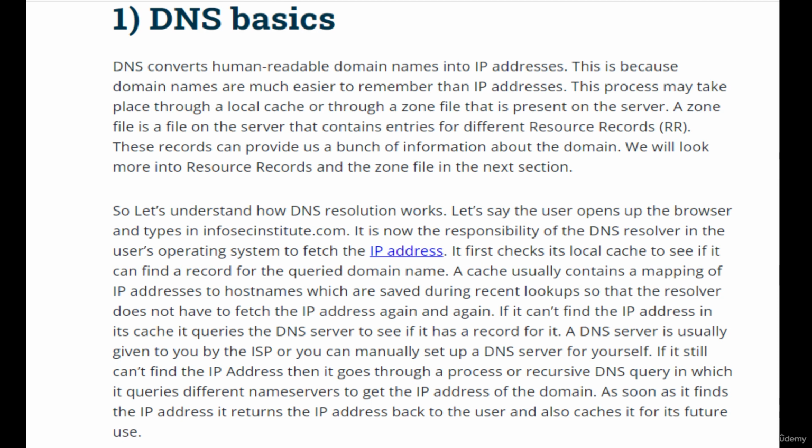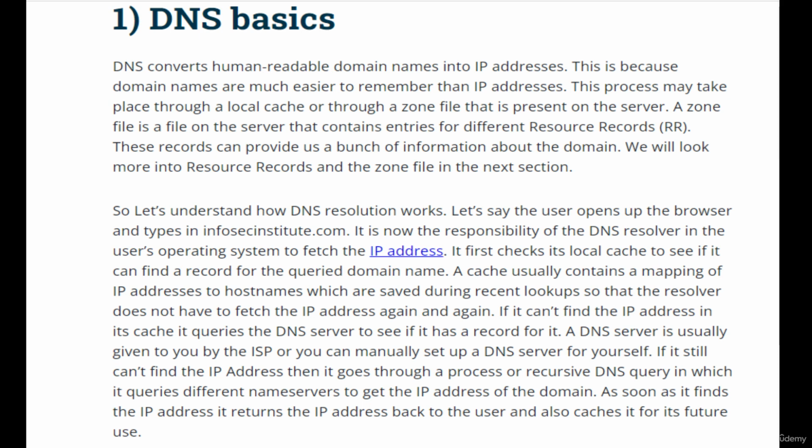Let's say the user opens up the browser and types in info.sense2.com. It is now the responsibility of the DNS resolver in the user's operating system to fetch the IP address.